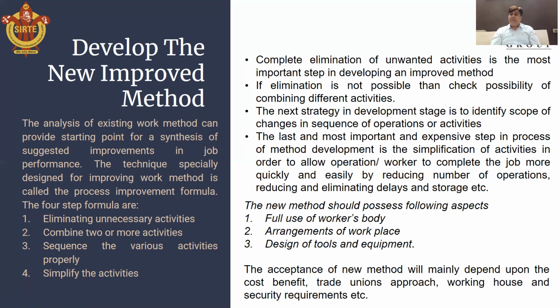Now, if elimination is not possible, then we have to check the possibility of combining the different activities. When we see that in these particular methods, the elimination of a particular method is not possible, so we have to check for that combination, that how we can combine that particular activity to a different activity.